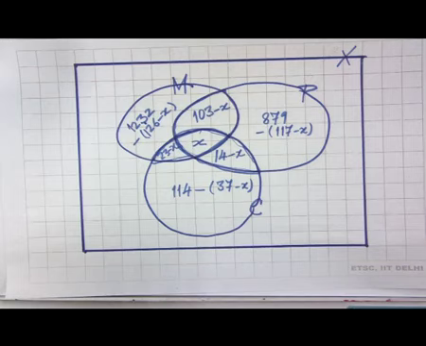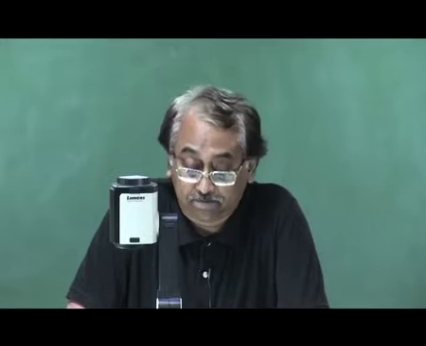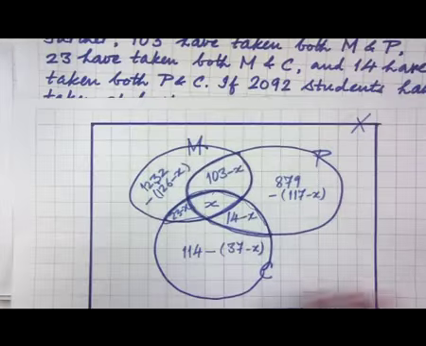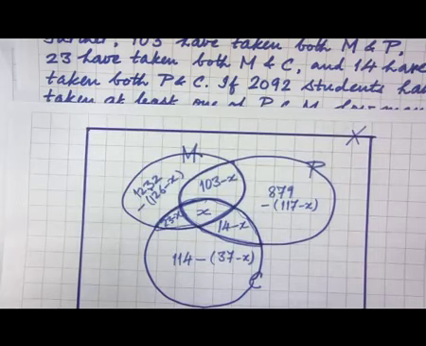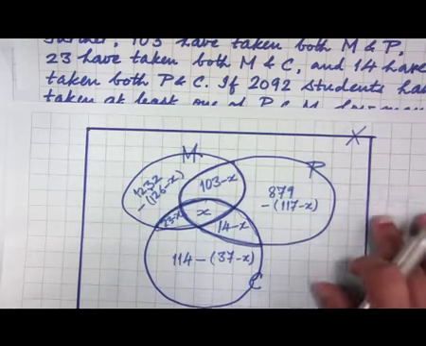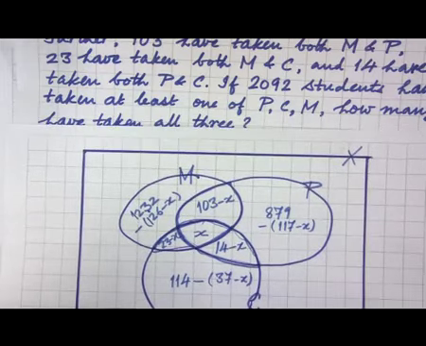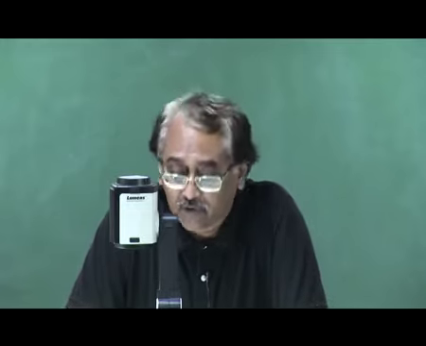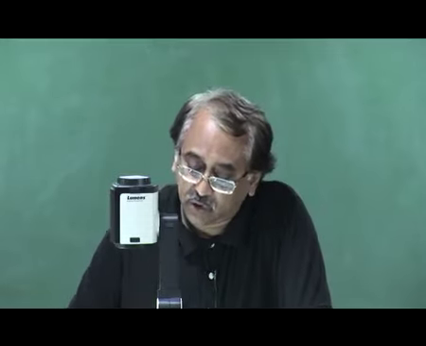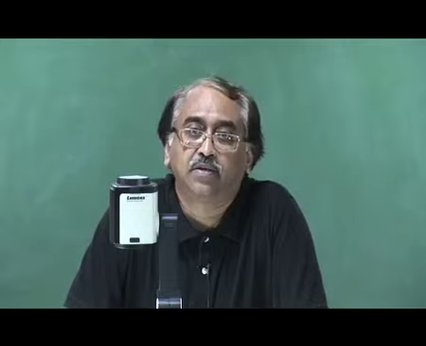And now you've got all the 7 regions filled up individually. All you've got to do is add the numbers algebraically in those regions. You will get some constant plus something x, or some constant minus something x. You'll get some polynomial in x, linear. And that will represent the total number of numbers within P, C, and M. In other words, that will represent P plus C plus M. And you know that to be 2092.